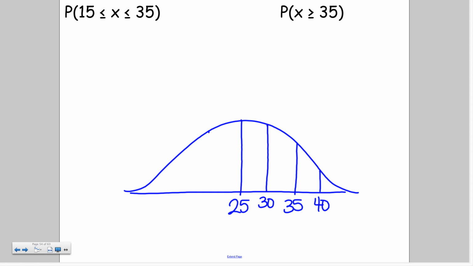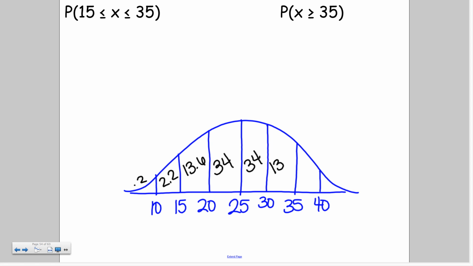This way we had 20, 15, and 10. Again, 0.2, 2.2, 13.6, 34, 34, 13.6, 2.2, and then 0.2.